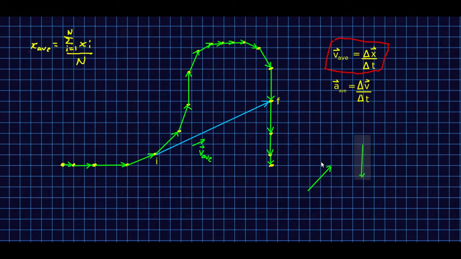And as usual, we need to take our initial velocity and flip it end for end if we're going to do a subtraction. So there it is, flipped end for end. And I'll just snug it up over here. And now we can see that delta V looks like this. And so the average acceleration points in this direction.